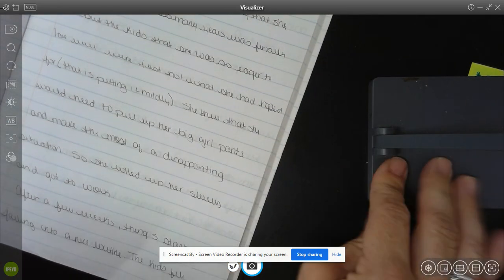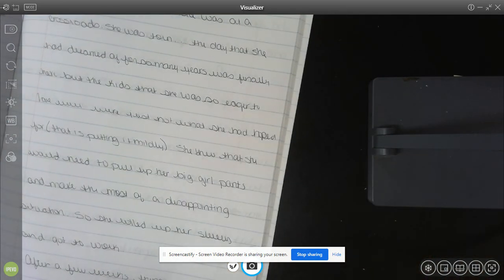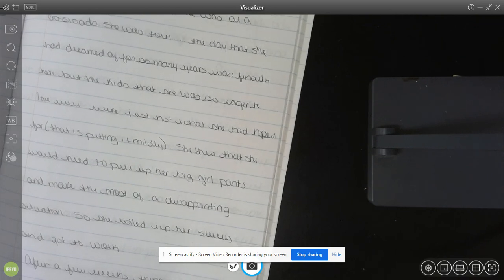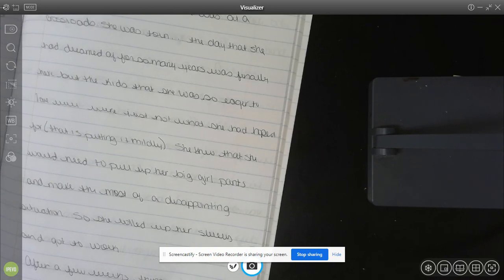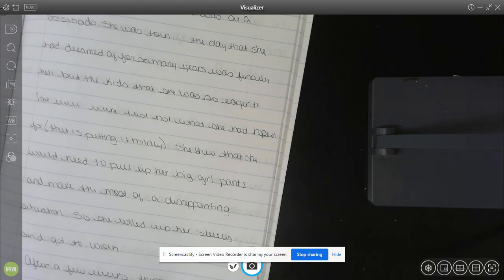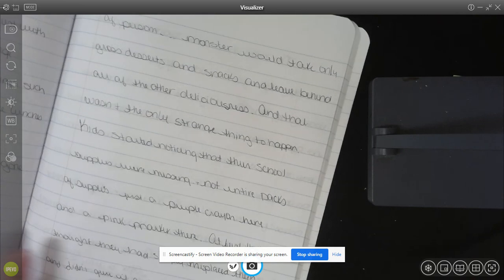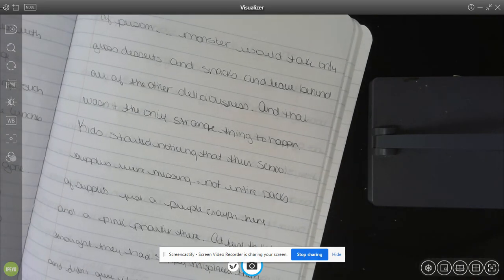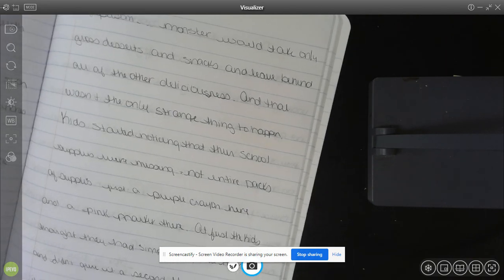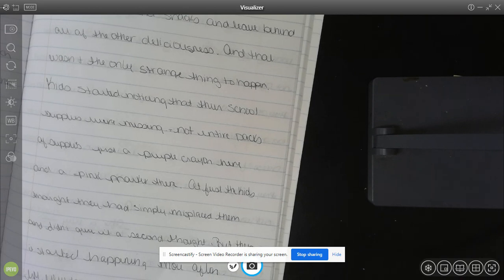And I'm going to go through again and look at the other things that I've written and see if there are any other places that look like it could be confusing to somebody.